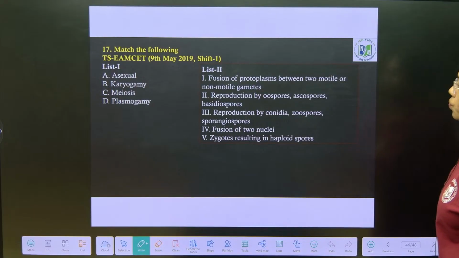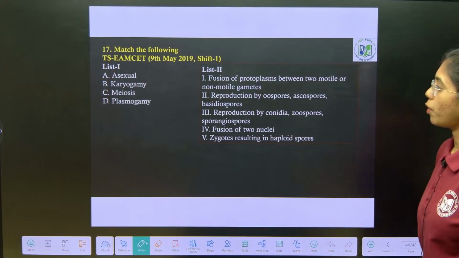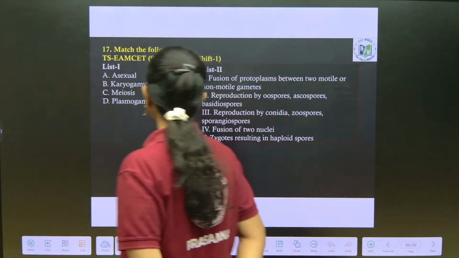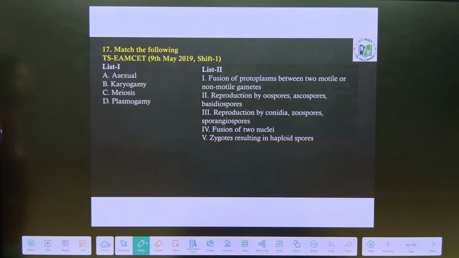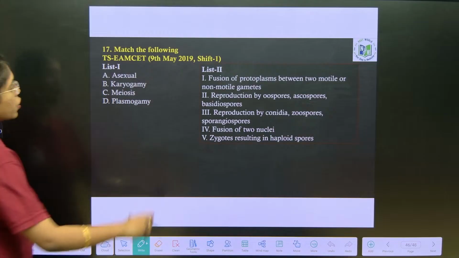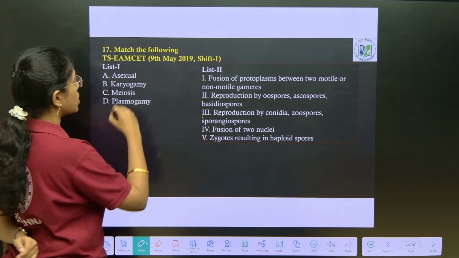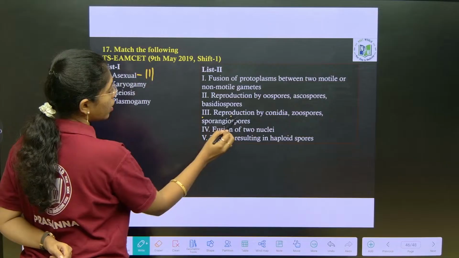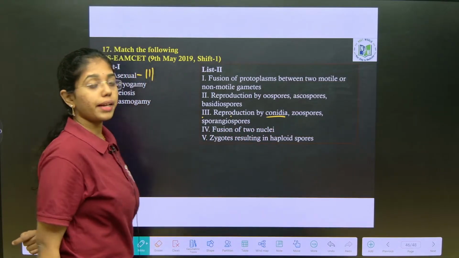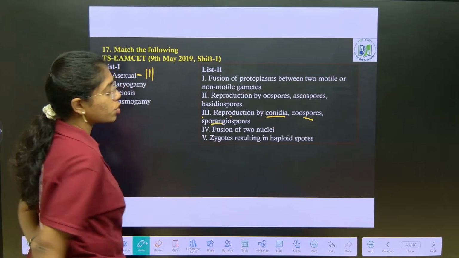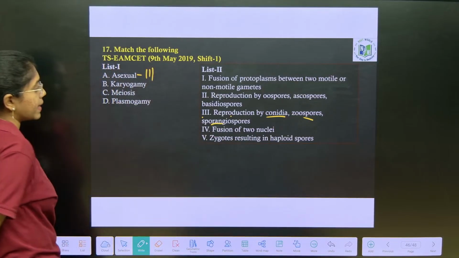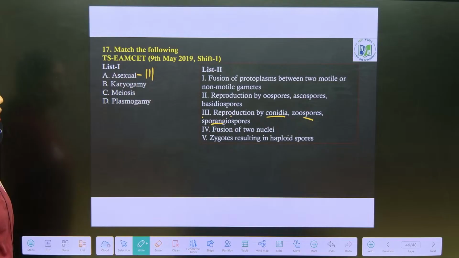17th question. Match the following type of question. Asexual reproduction is by asexual spores, right? Conidia are exogenously released asexual spores, zoospores are motile asexual spores, sporangiospores are non-motile endogenously released asexual spores.